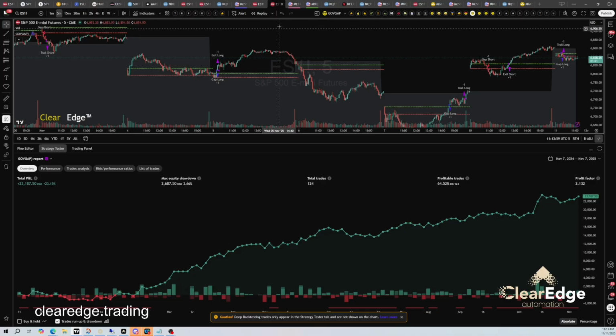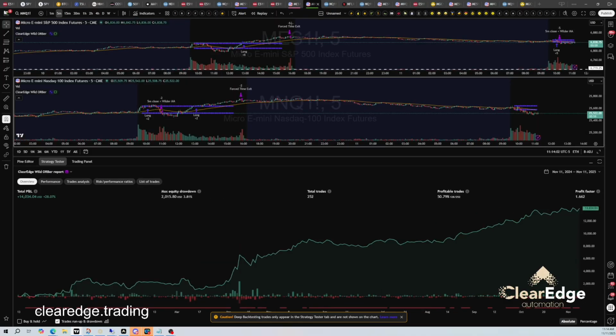So that's the 3 strategies that we run. Again, that's the ORB, opening range breakout. Had a little bit of a loss this morning, but had a really nice winner. Well, a loser on MNQ in the morning, and then a winner in the afternoon, and then another winner on MES. But a small loss here this morning.